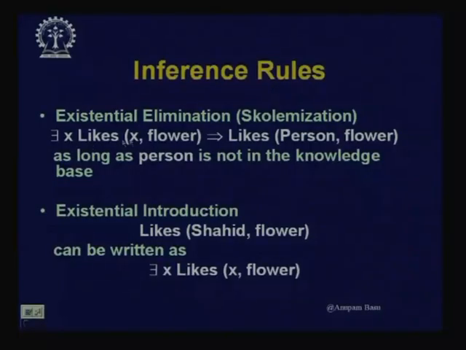This method of finding a particular constant that satisfies the predicate there exists x such that John likes x is known as skolemization, and when we can find that out, we can replace it. Thus, by eliminating this existential quantifier, we get a sentence where the existential quantifier is not there.